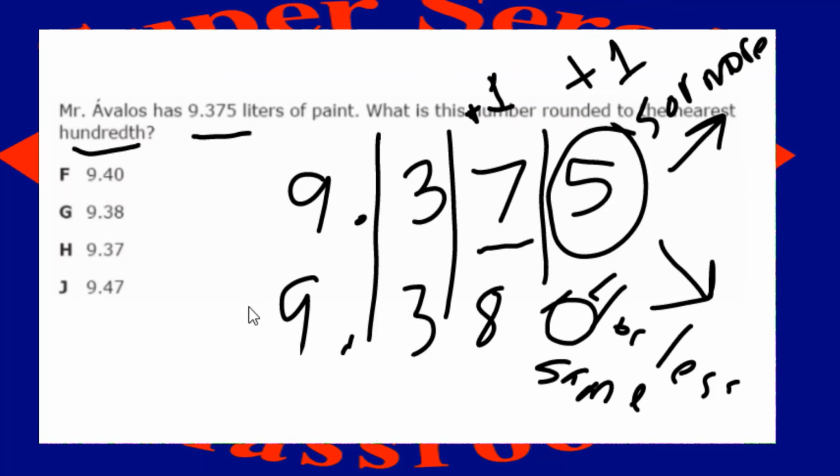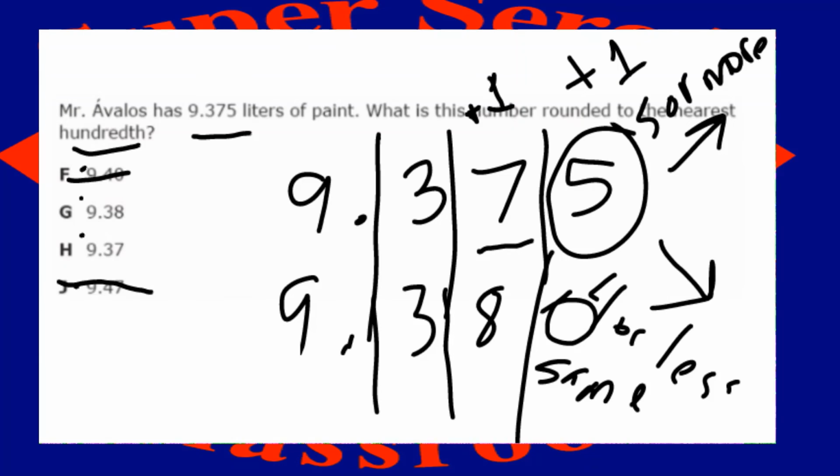So now let's look at the answer choices because we house them. Let's see, 9, F, G, H, J, they all have 9. 3 in the tenths place, oh, F doesn't have that. G does, H does, and J doesn't.